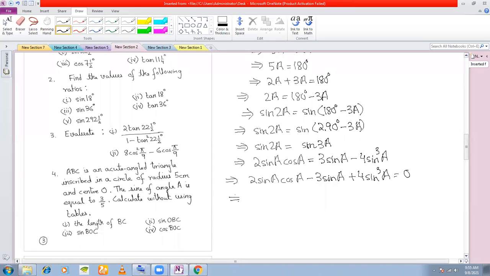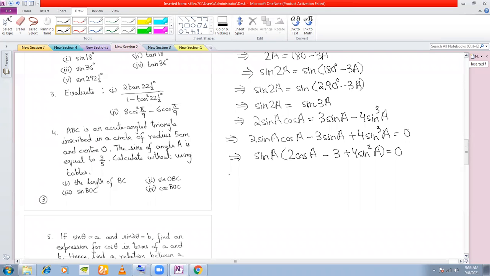Now you can take sine A common. That means now either sine A is equal to 0 or you can have 2 cos A minus 3 plus 4 sine square A is equal to 0.